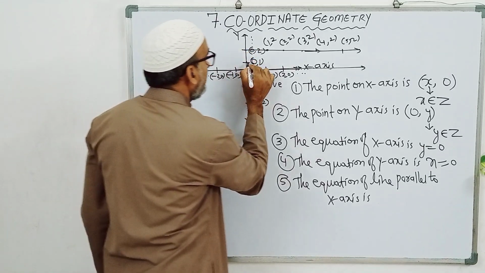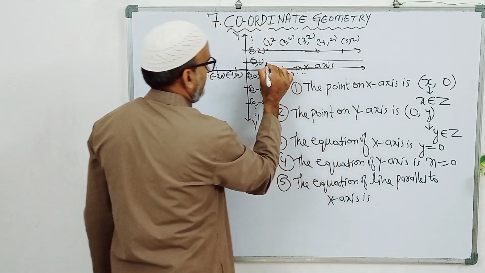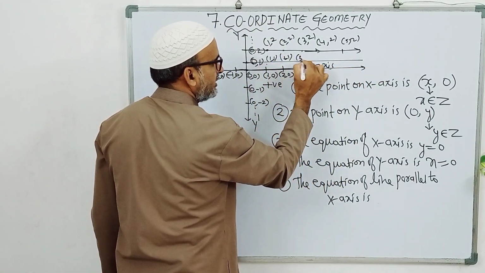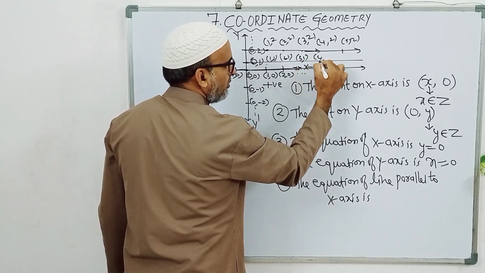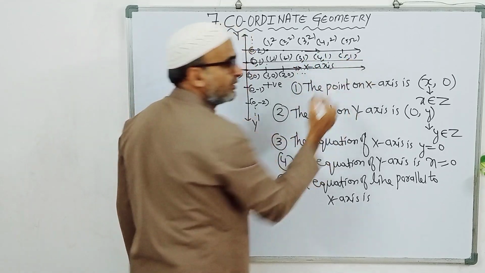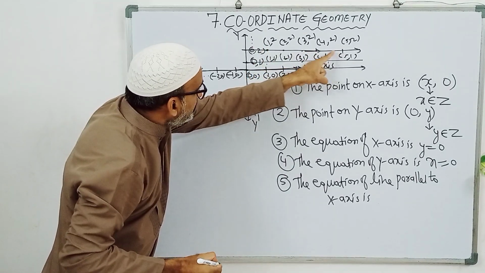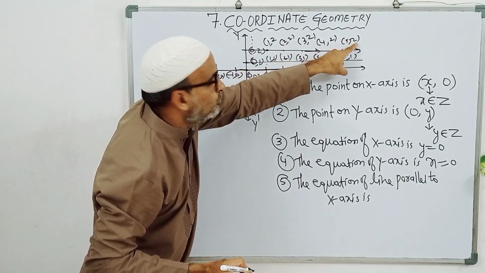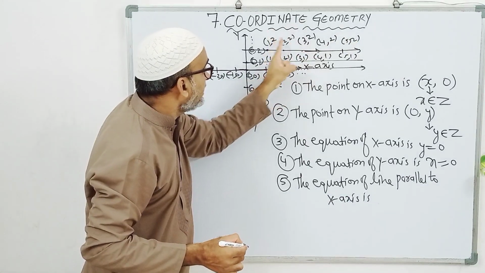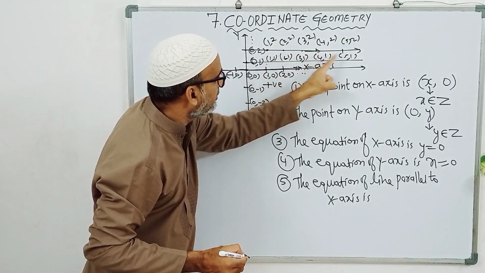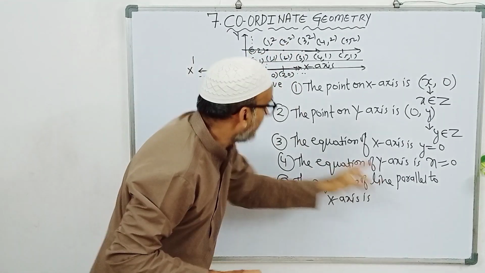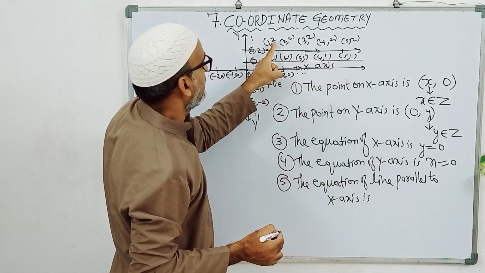If you draw another line here: 1 comma 1, 2 comma 1, 3 comma 1, 4 comma 1, 5 comma 1, like that. This line cuts at point 1. Whose point? Y's point. So the equation of a line parallel to x-axis is one where the y point is constant.